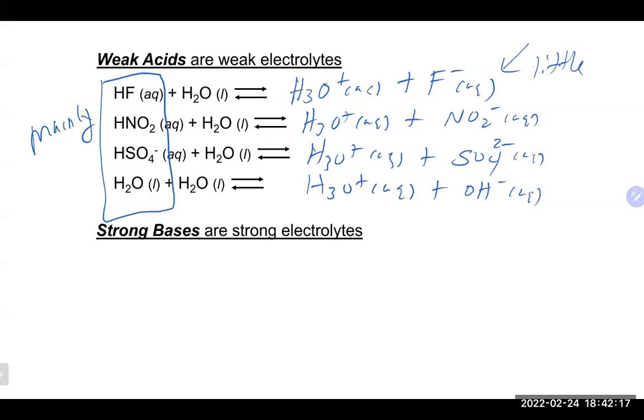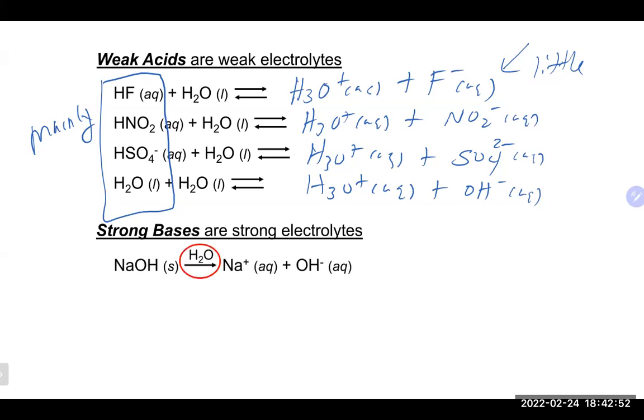A weak acid will mainly stay together, but it will still produce some H+ ions in solution, which meets the definition of an acid, but is nowhere near obviously the amount of H+ that would be produced if you use hydrochloric acid versus hydrofluoric acid. Hydrochloric acid, all you have to do is dump it in there and you're just going to generate a lot of H+. Hydrofluoric acid, when you dump it in there, you're going to generate not as much H+ because it's going to mainly kind of stay together as it's floating around. Any questions on that there?